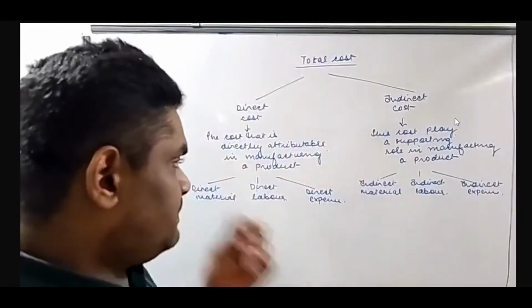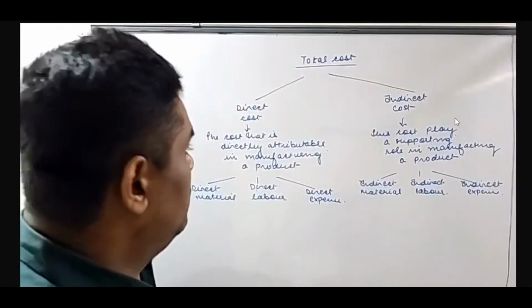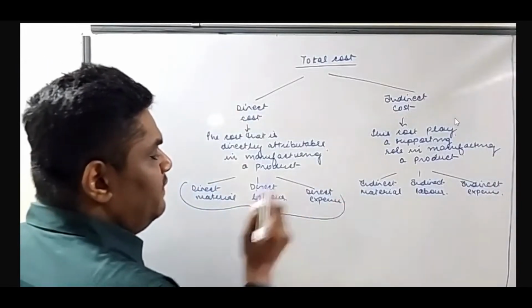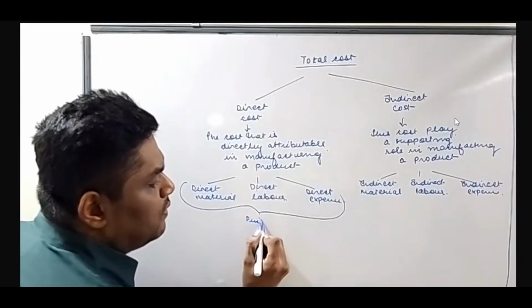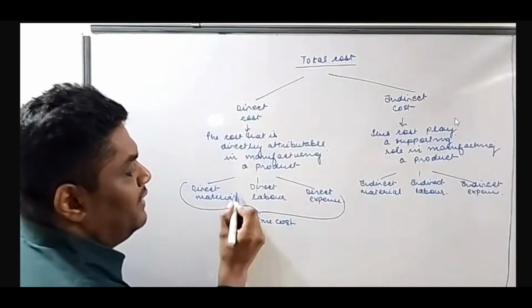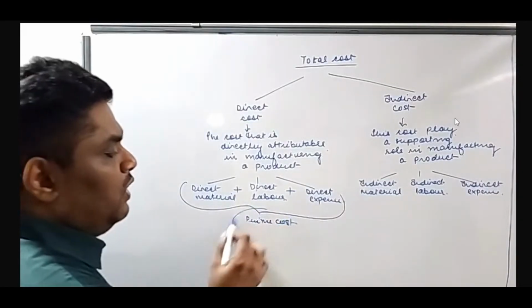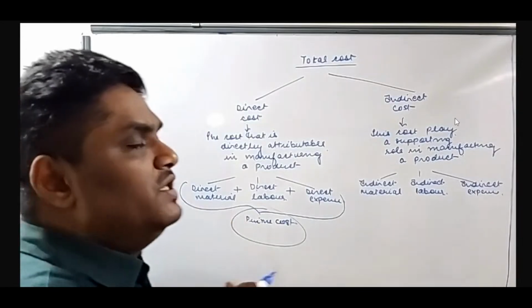Now, when talking about the total of these three in cost sheet, we will call it prime cost. That is direct material, direct labor, and direct expenses. The total of these three is what we call prime cost.